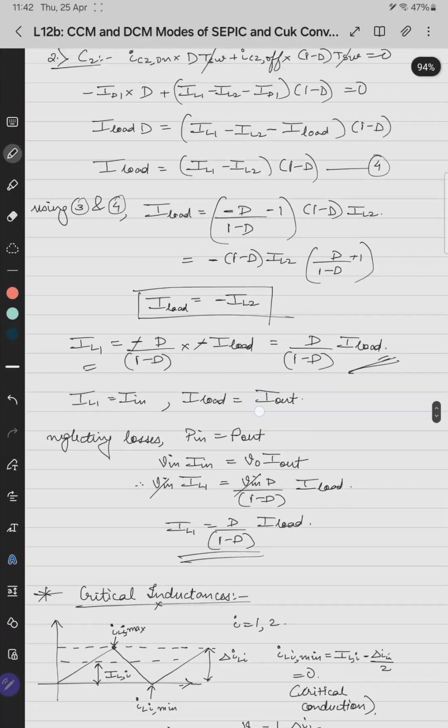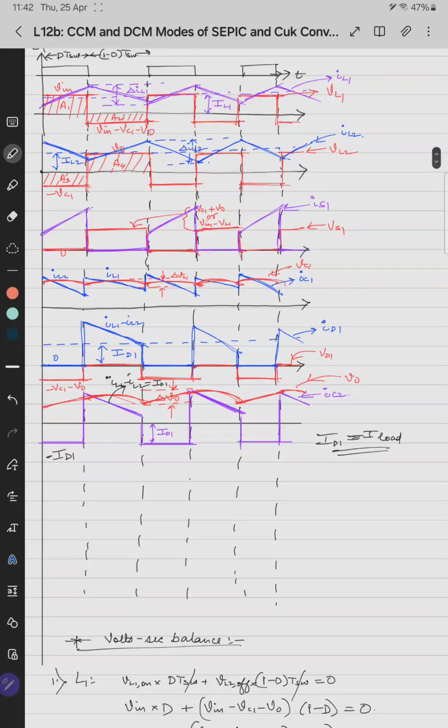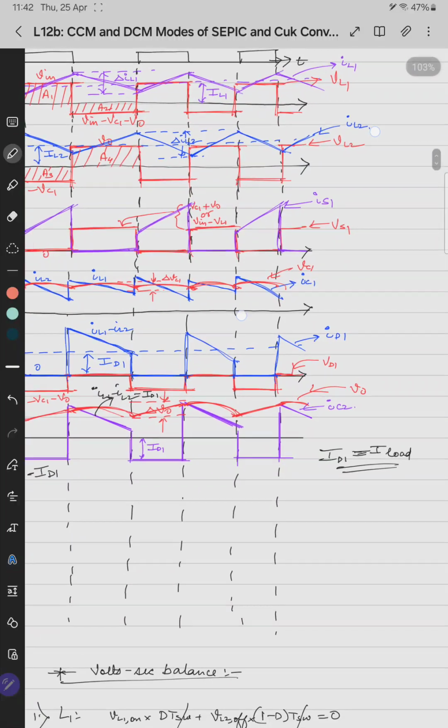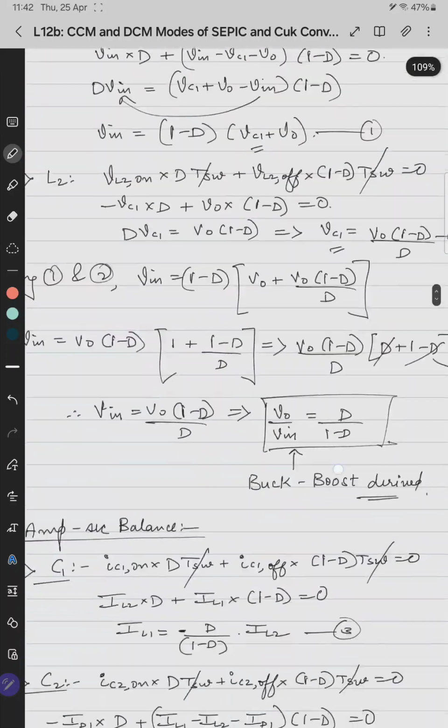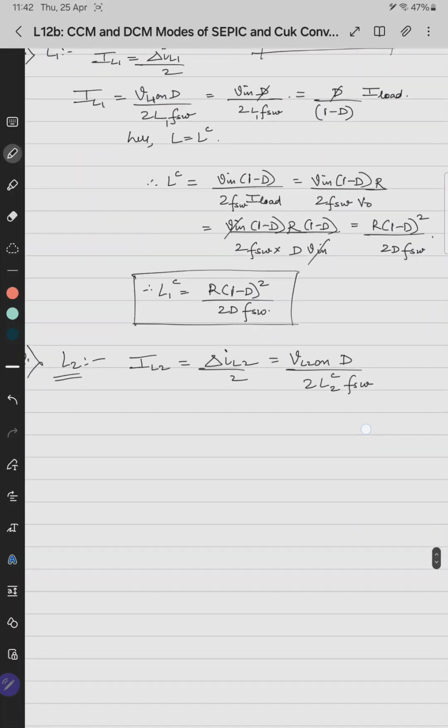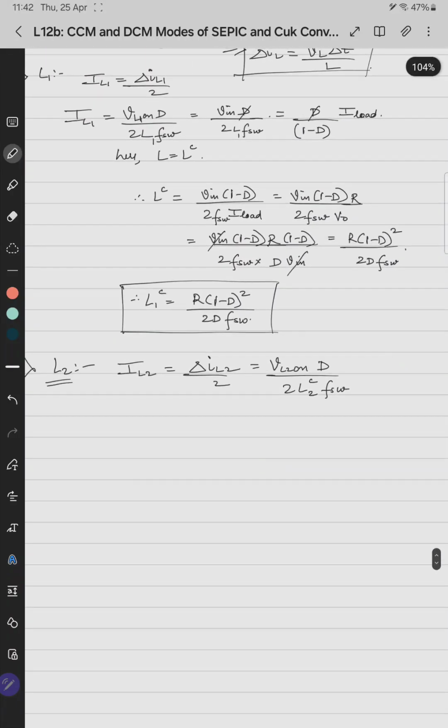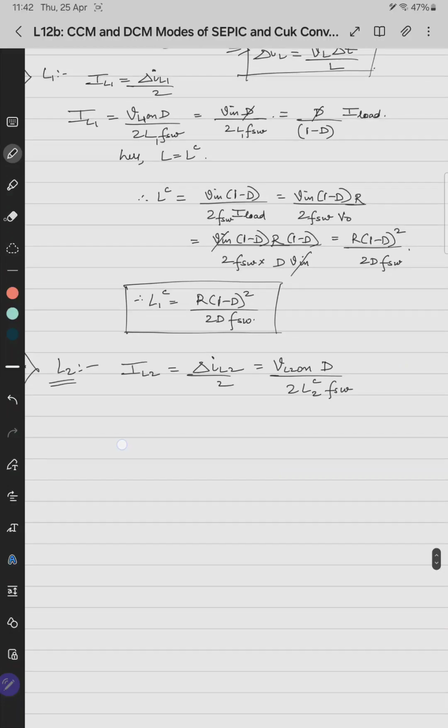What is VL2 on? VL2 on is minus VC1, or we can write it in terms of V naught. Because it is minus, let's write in terms of plus. So let's erase this.